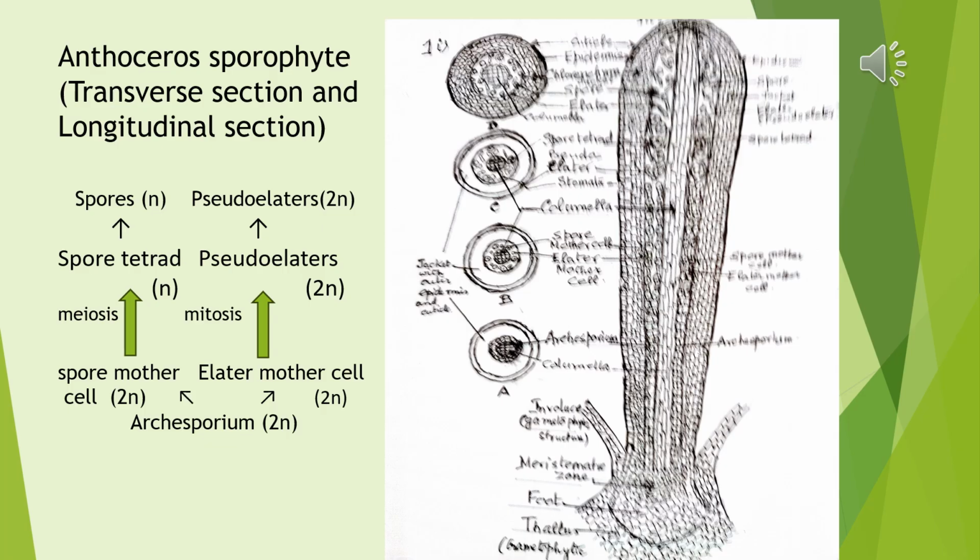Now we come to the detailed diagrams. This is Anthoceros sporophyte, full sporophyte, transverse and longitudinal sections. On the right side of the page and on your left side, there are serial transverse sections taken from the lower, middle, upper middle and upper portion of the sporophyte.